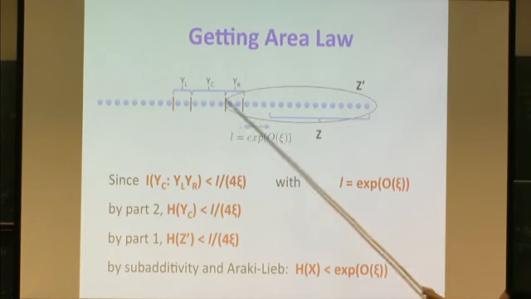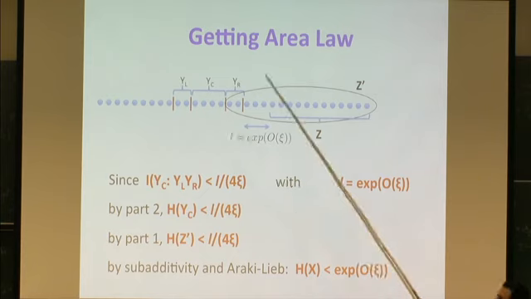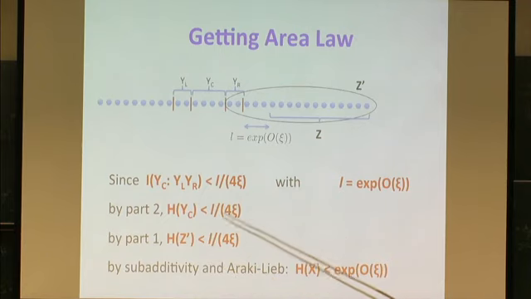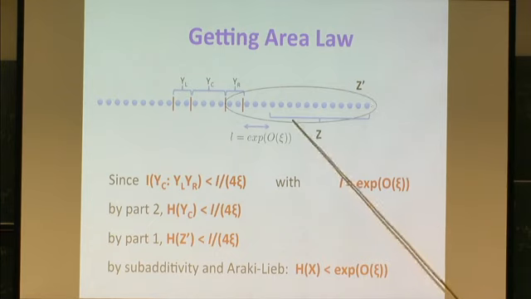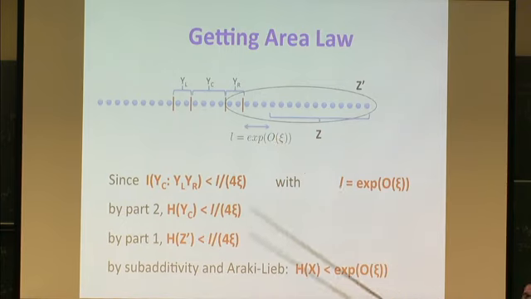Because for part 1 we needed that the subvolume law region is neighboring the original region that we're interested in. Then this entropy of Z prime is smaller than that. But these two regions, Z and Z prime, only differ by a factor of L. So the entropies cannot change too much, right? So we can use standard things for entropy, and we get that finally the entropy of X can be at most something exponential in correlation length as well.